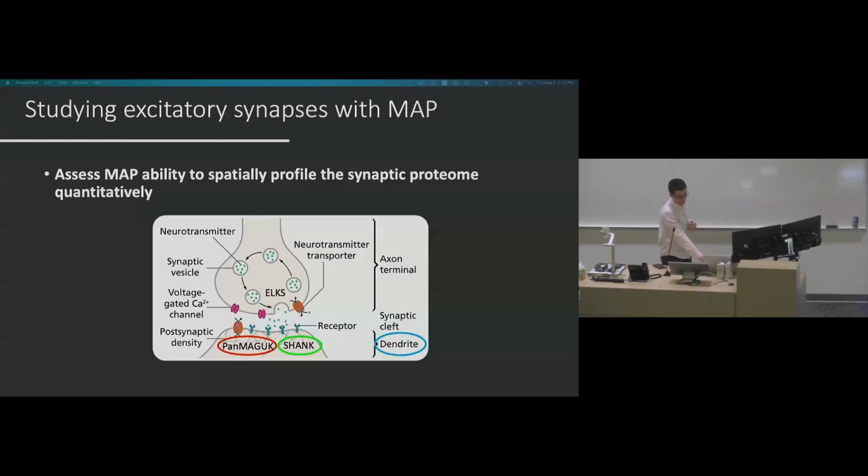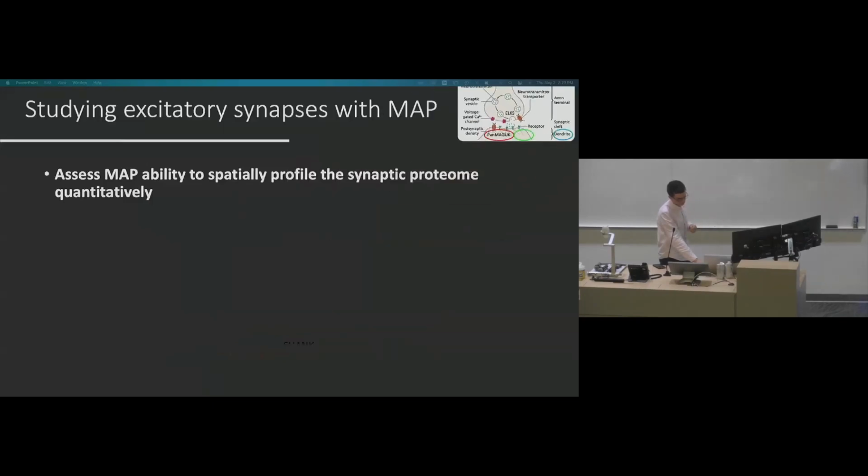So we wanted to focus on the SHANK family proteins because this family of proteins is known to be involved in a number of psychiatric disorders, including schizophrenia and autism. But we didn't know yet if there were any differences in the input on different cell types. And using MAP, we investigated this.